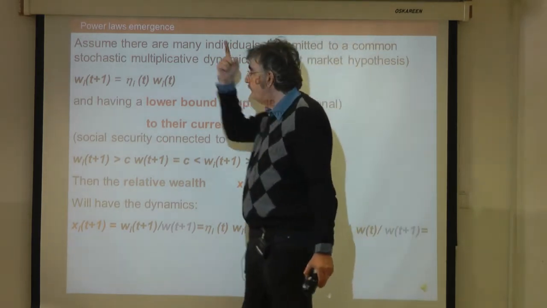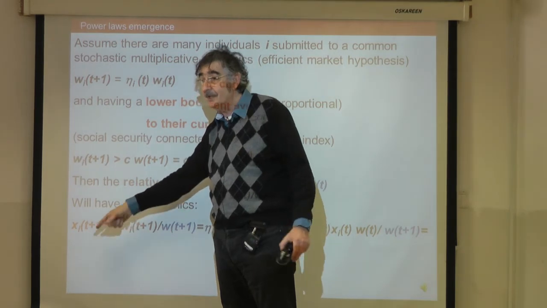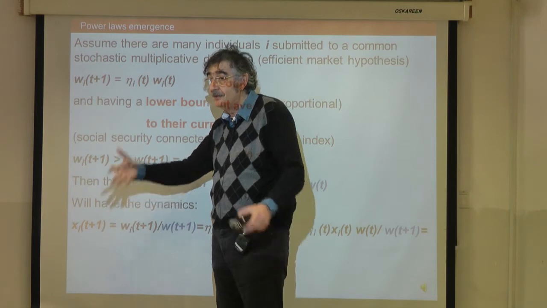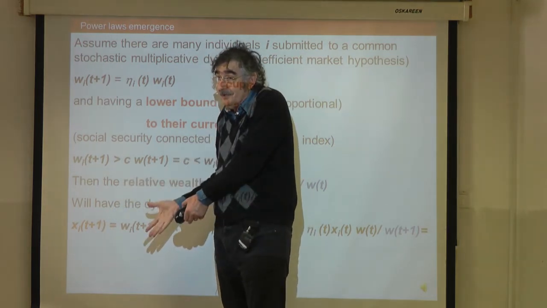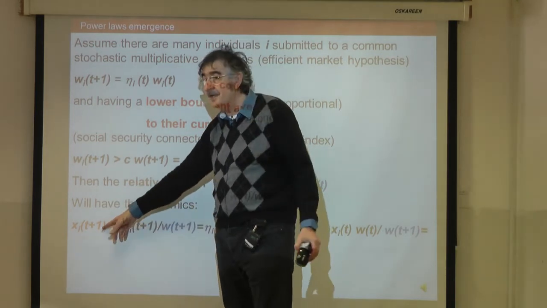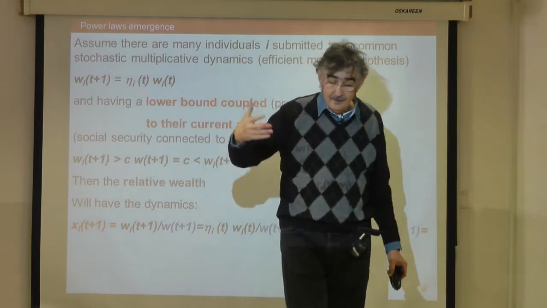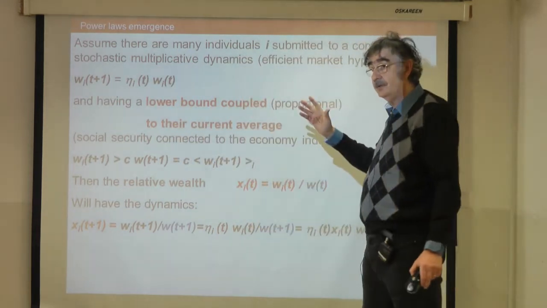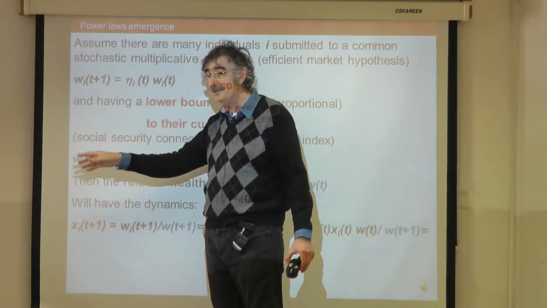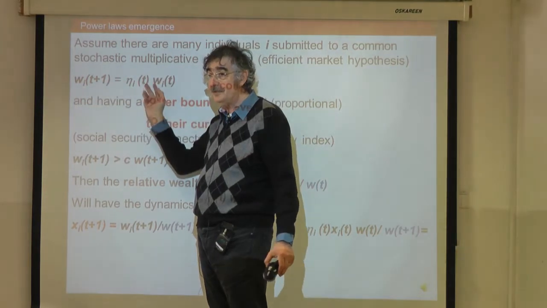So if I want to find the power law, now I will find the power law in the x's. But since the wi's are proportional at each particular moment to the x's by the average, if I get a power law in the x's, then I will have a power law in w's. So I will have a rather non-trivial situation. It doesn't even happen with people who know a lot of mathematics that you start with a process which is not stationary at all.